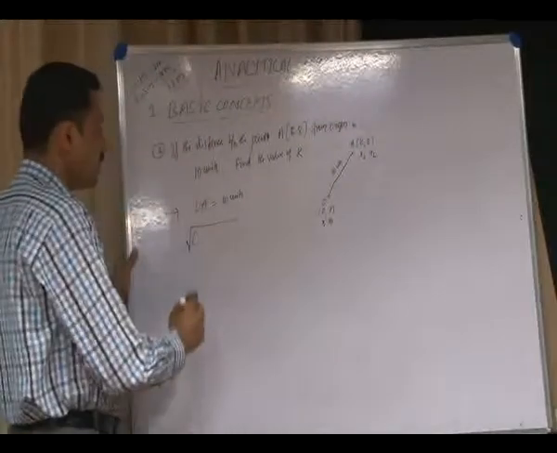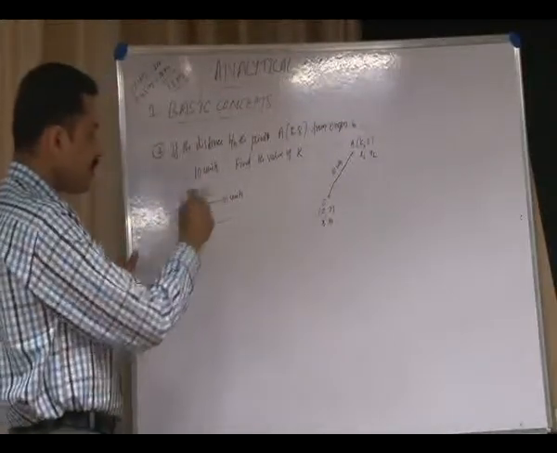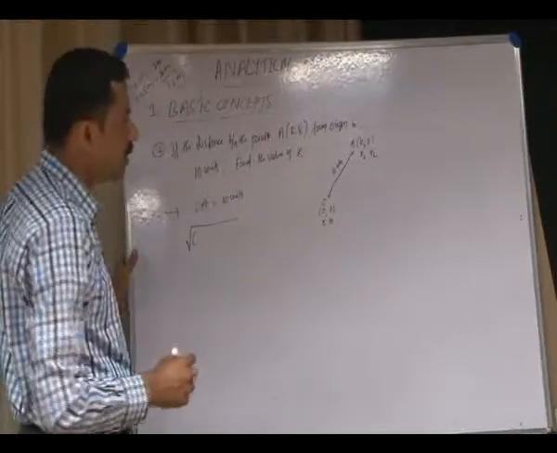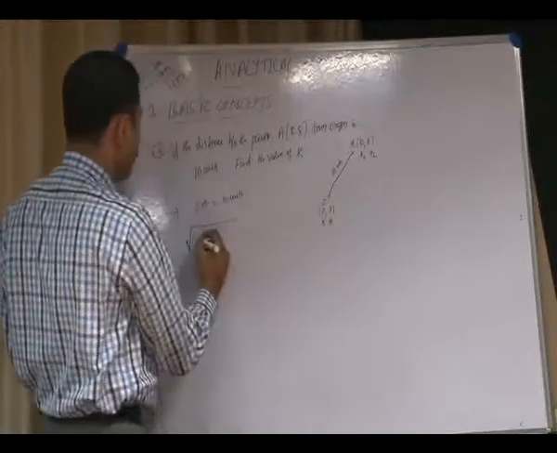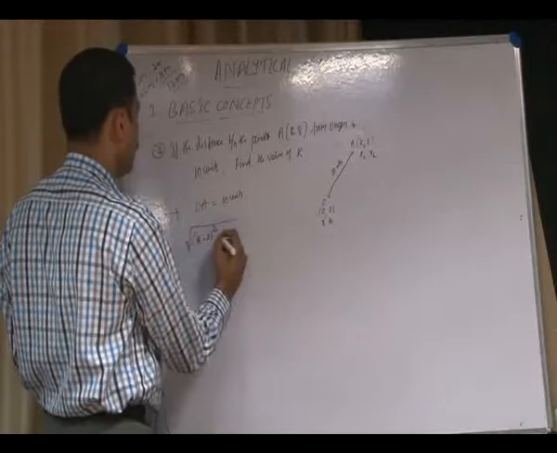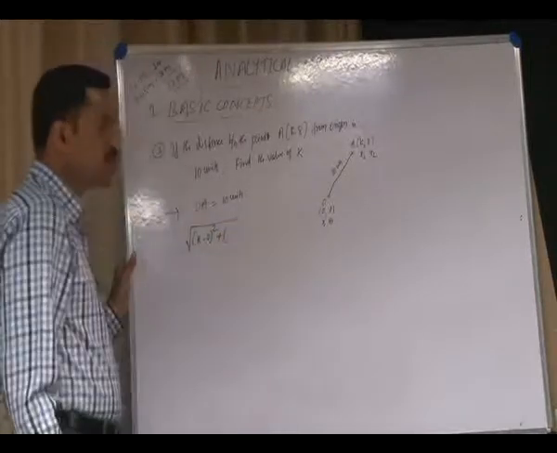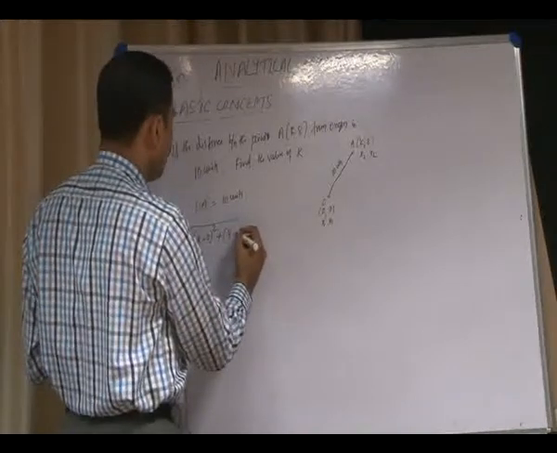Then according to the distance formula, the distance between these 2 points OA is equal to the square root of (x2 minus x1) whole square plus (y2 minus y1) whole square. Here x2 is k, x1 is 0, y2 is 8 and y1 is 0.